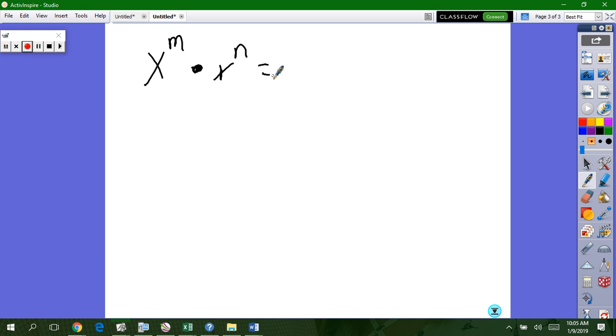You might not understand why this is important, but it is. x to the m plus n. Remember, we would add exponents when they're like bases when I multiply, correct? If I had x squared times x to the fifth, that's x to the seventh. Right? What about when I divide? Subtract, right? With me so far?